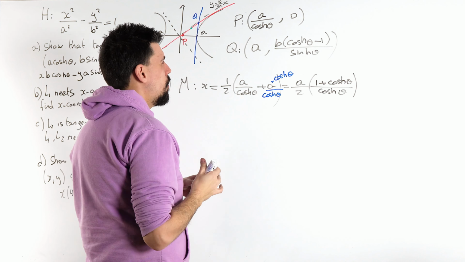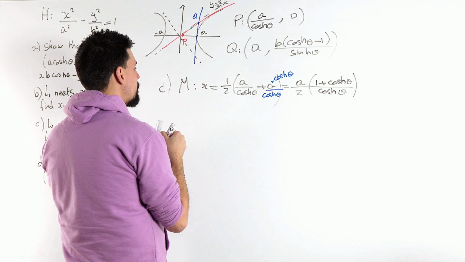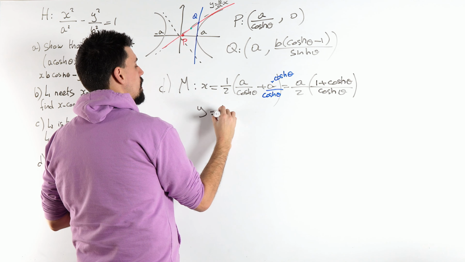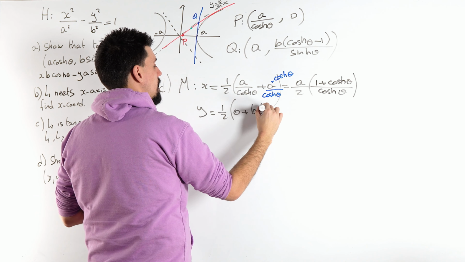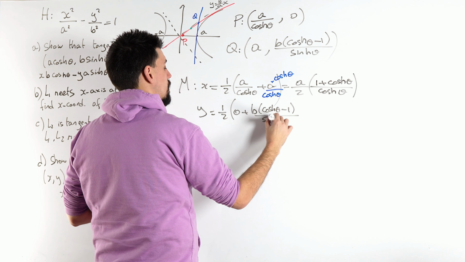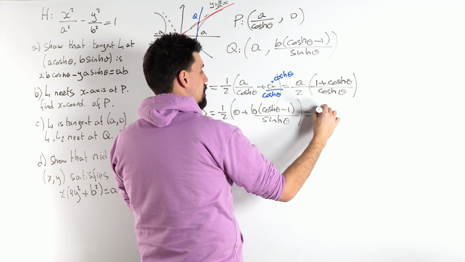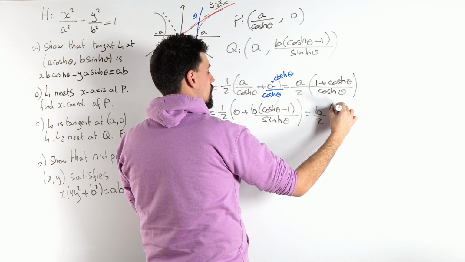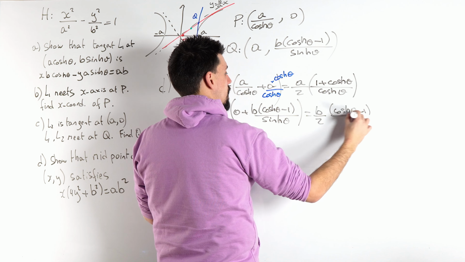And that's already quite nice because I can see something else appearing in here. And the y-coordinate is 1/2 of 0 plus B(cos theta minus 1) over sine theta. And that will give me B over 2, (cos theta minus 1) over sine theta.